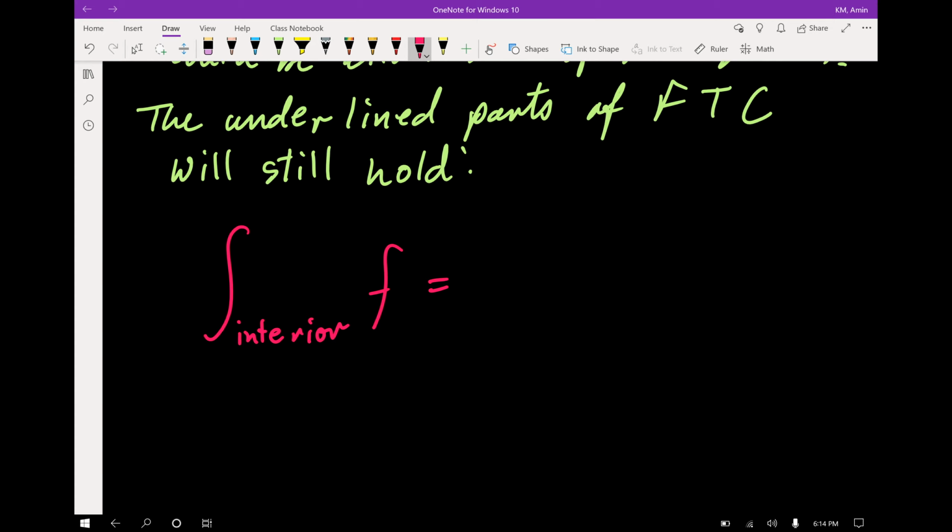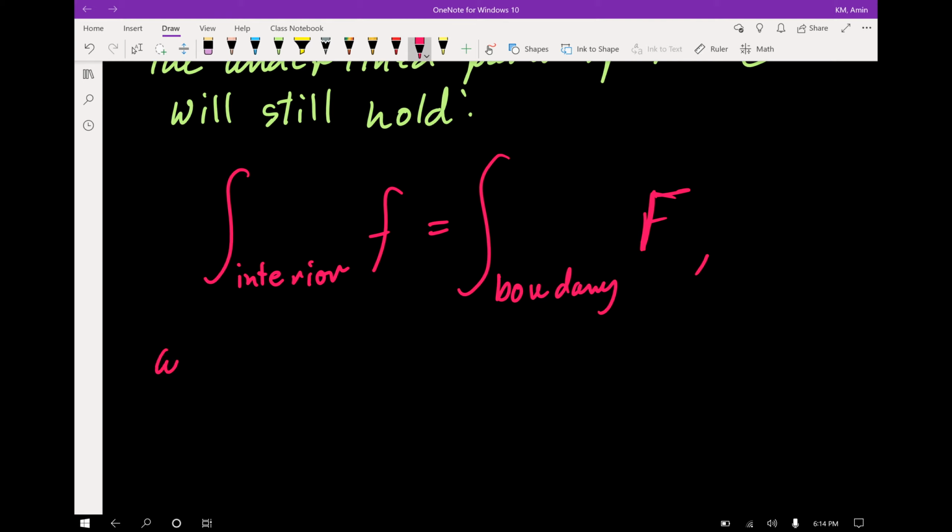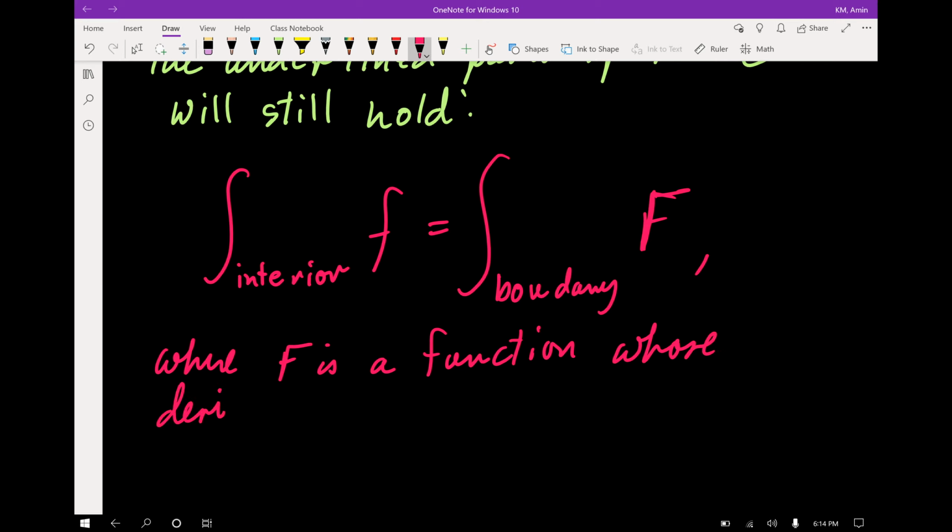The integral of the function f over the interior equals the boundary, where F is a function whose derivative is f.